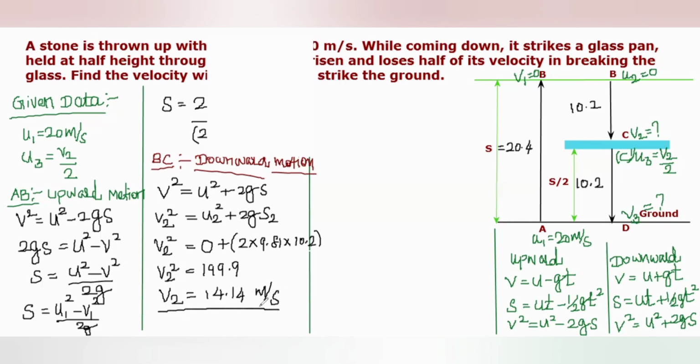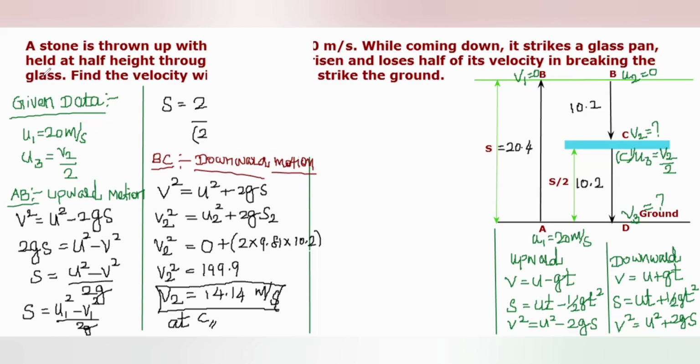This is the velocity of the stone with which it hits the glass window. That means this is the velocity at C. And here you can see it loses half of its velocity while breaking the glass.